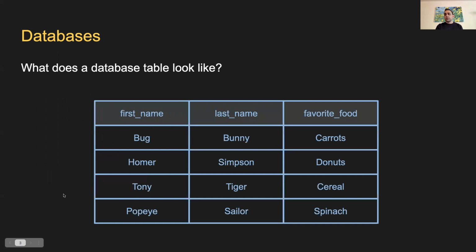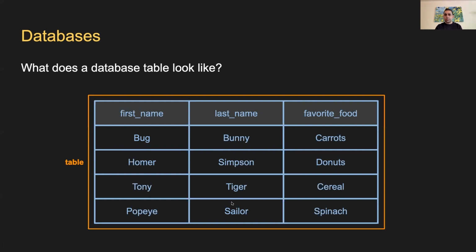All right, let's talk about the basics. The equivalent of a file for a database is a table. A table basically looks like a spreadsheet. You have header information and then the values. This entire thing would be called a table.